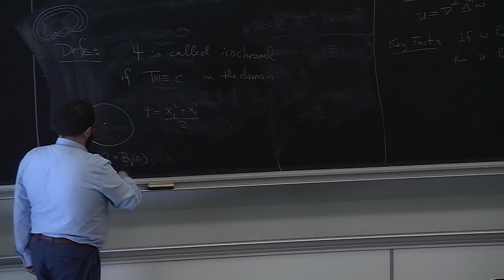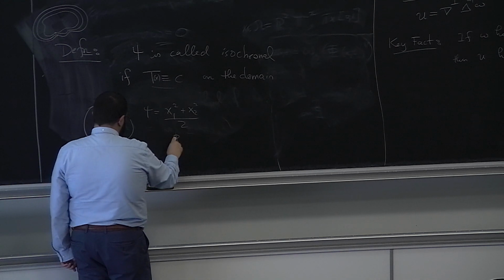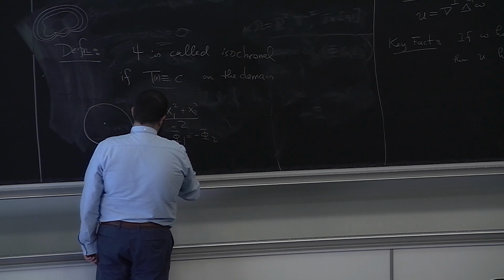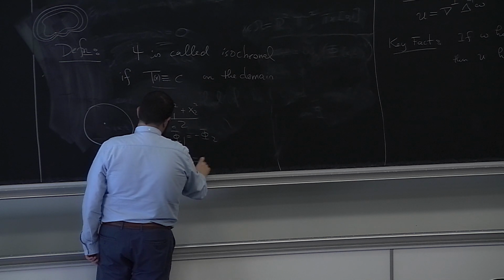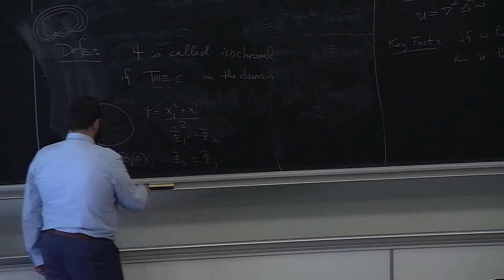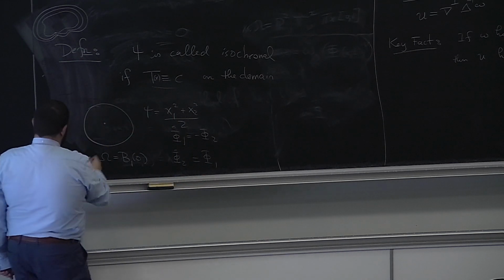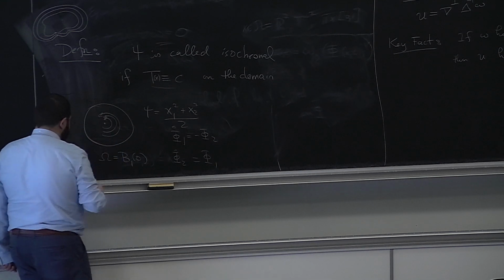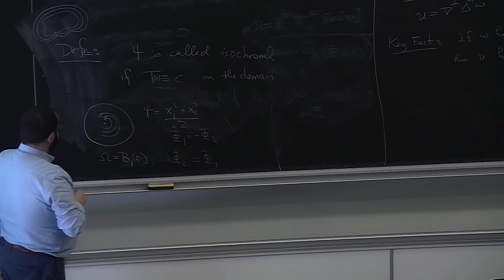Just solve the ODE: phi 1 dot is minus phi 2, phi 2 dot is phi 1. So it's all just going around with period 2 pi. This is like a solid body rotation.